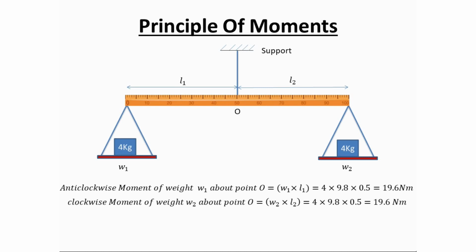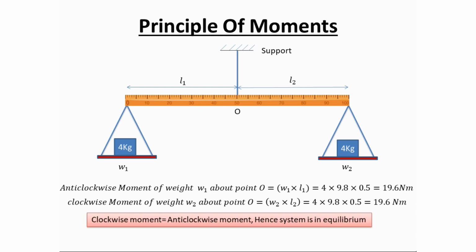The clockwise moment of weight W2 about point O is equal to W2 into L2, which is equal to 4 into 9.8 into 0.5, which is equal to 19.6 Newton meter. So you can see the clockwise moment is equal to the anticlockwise moment, hence the system is in equilibrium.